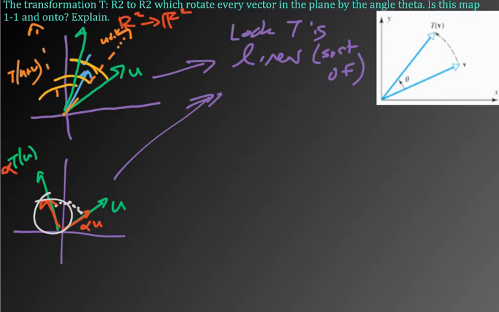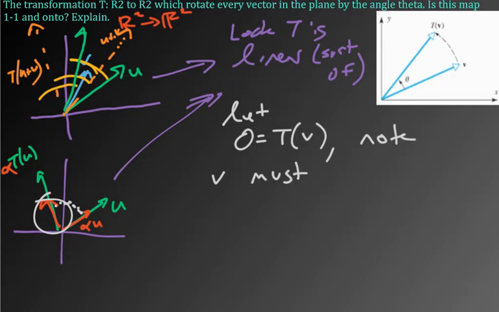So let's just say I have that T is linear. I've argued it at least a little bit. So let 0 equal T of v. In that case, note that v must be the 0 vector.